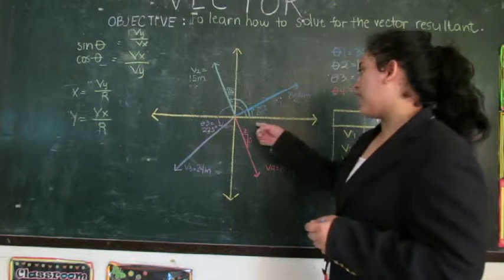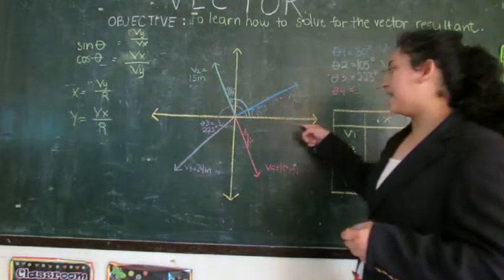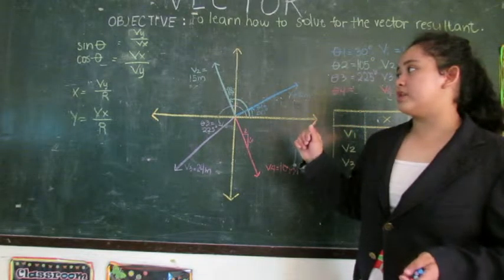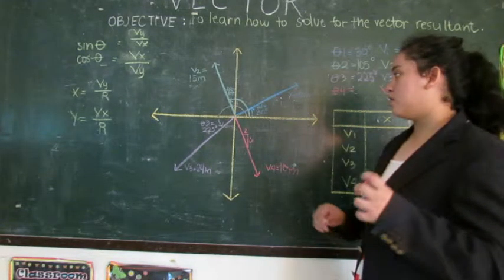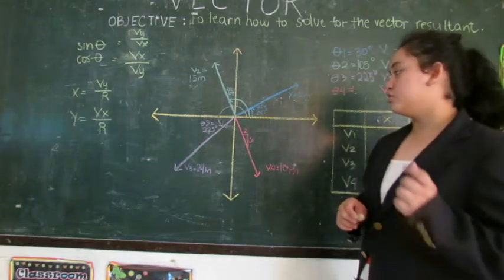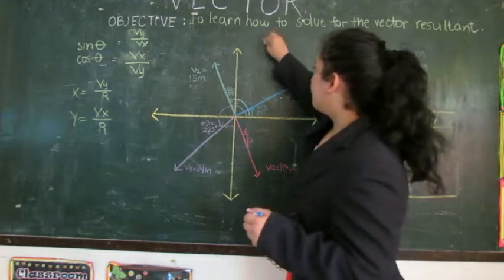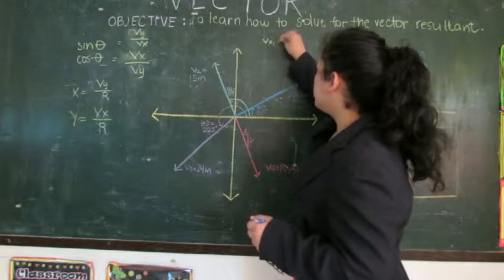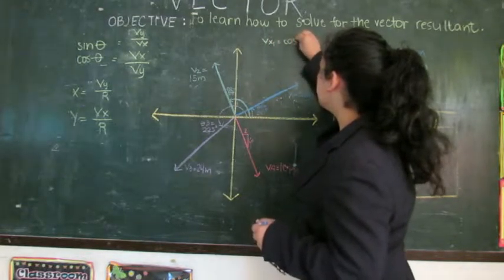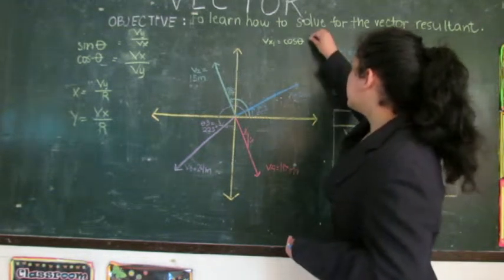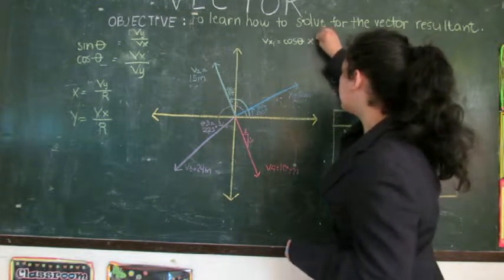When finding the value for the x-axis, we have to use the cosine function. So Vx1 is equal to the cosine function of the angle times the distance.